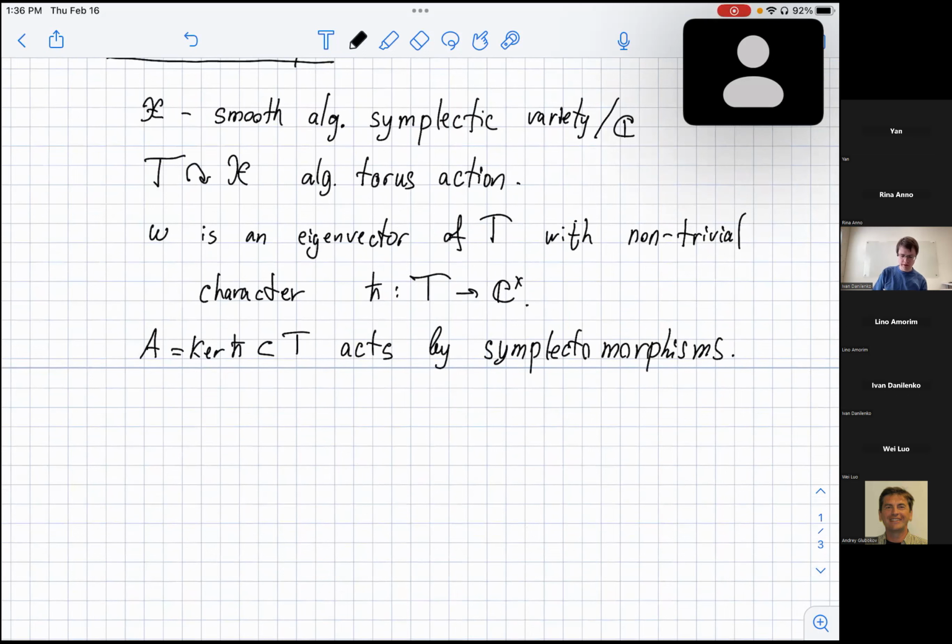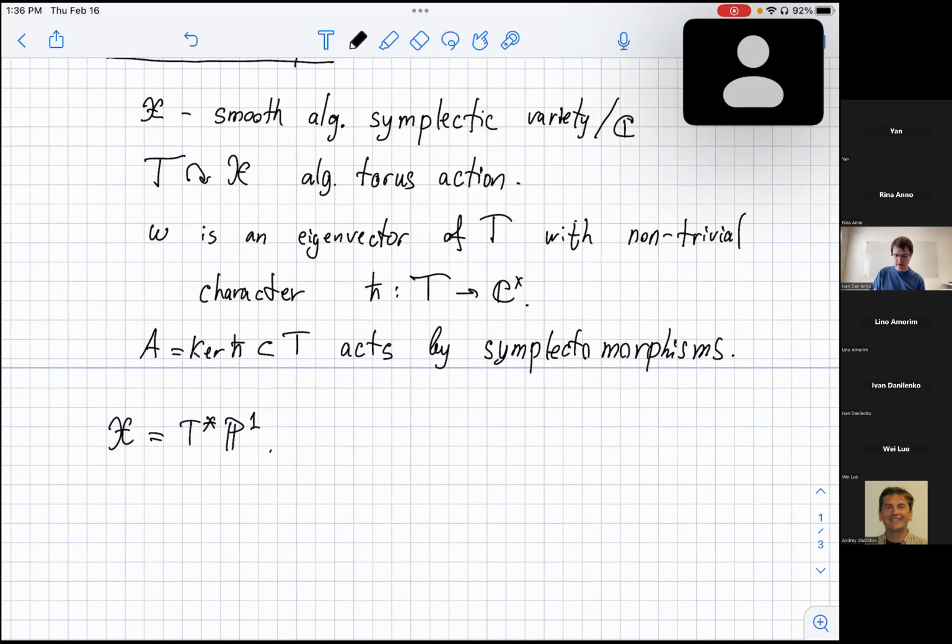Okay, so my favorite easiest example is when X is the cotangent bundle to P1, then the usual symplectic structure turns out to be holomorphic algebraic. And we have a two-dimensional torus action.